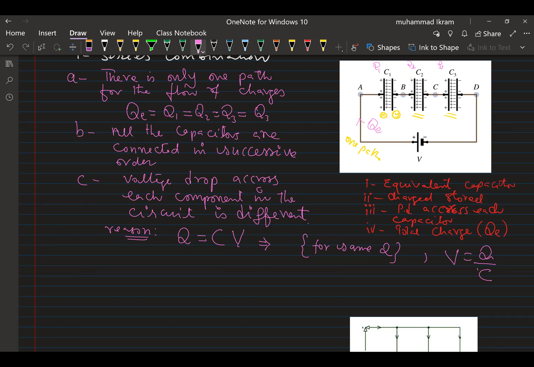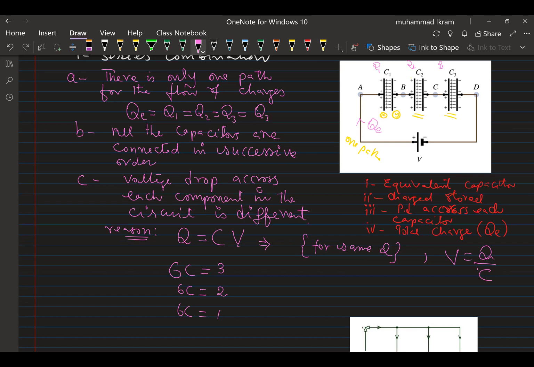So look, for example, let's say you have 6 coulomb, and you have a 3 microfarad capacitor, a 2 microfarad capacitor and a 1 microfarad capacitor. Then definitely each needs 6 coulomb.